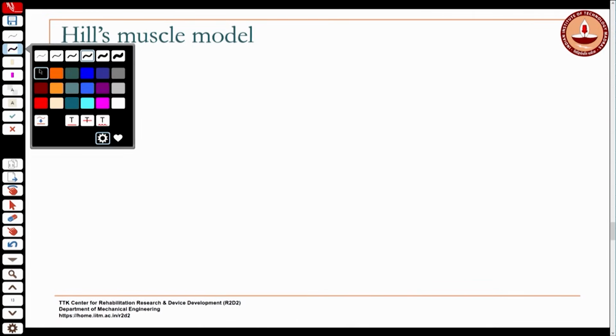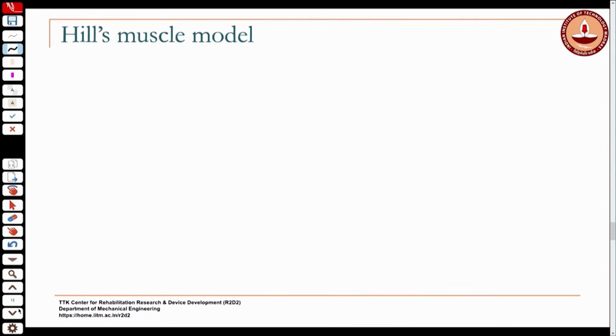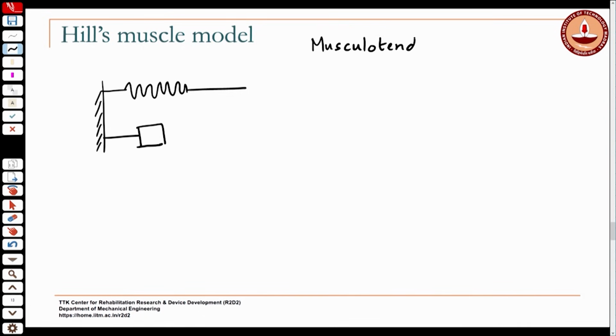So, Hill came up with this model for a muscle, and it is known as Hill's muscle model. This is for the musculotendinous unit, the whole muscle: the entire muscle plus tendon.